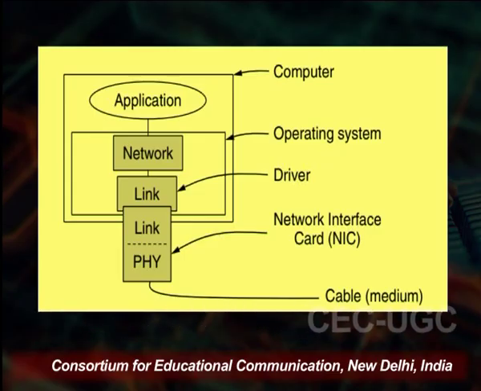In the NIC, the network interface card, you can see the whole physical layer, the cabling and all those things, and this NIC also has some of the data link layer functionalities.